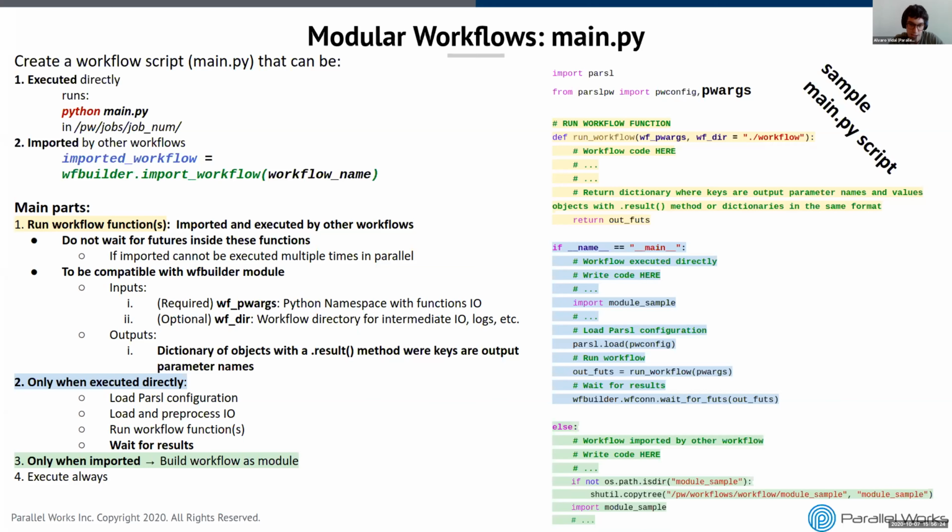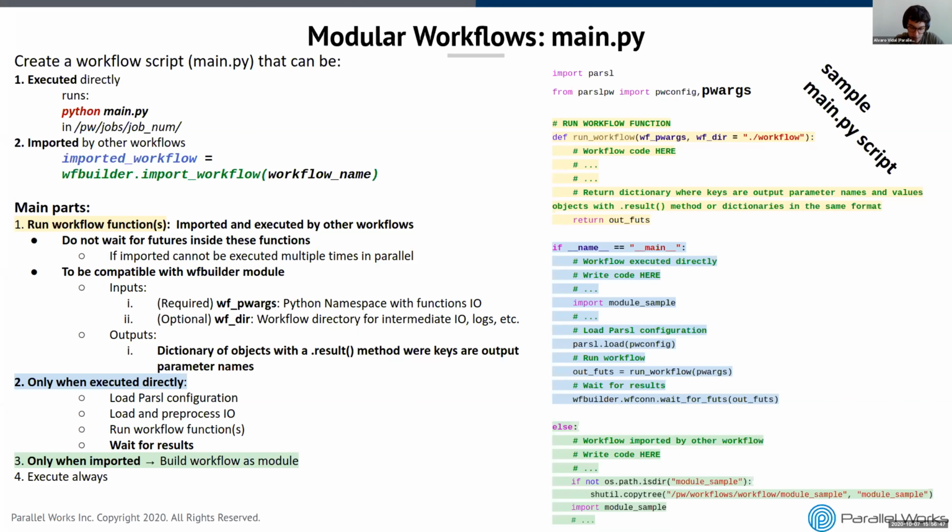The third part is highlighted in green, and this part is only executed when the workflow is imported. And here you would want to build your workflow as a module. I typically don't use this part. I think I only use it in one workflow, but sometimes you need to use it. And then the rest is always executed.